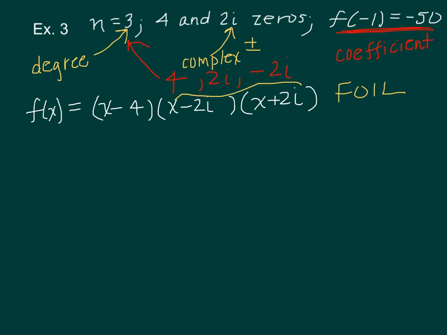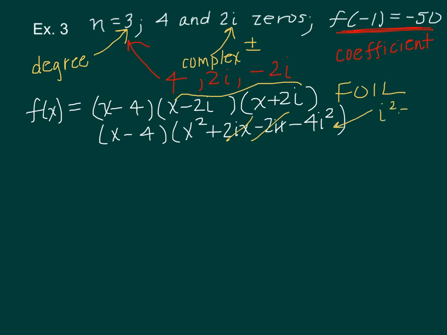So you're going to get x squared plus 2ix minus 2ix minus 4i squared. And then these should cancel if you do it right. Don't forget i squared equals -1.